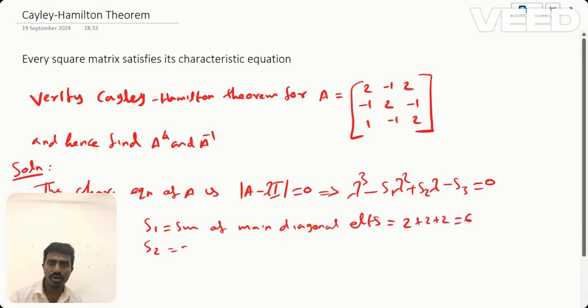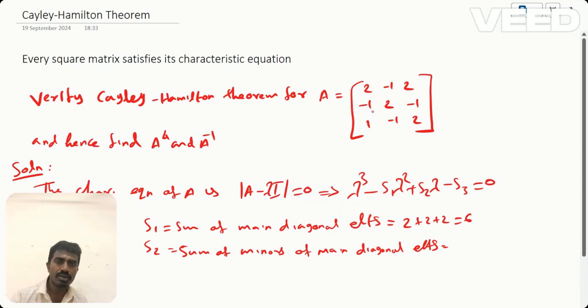S2 is the sum of minors of main diagonal elements. First find the minor of A11. So the determinant of 2 minus 1 minus 1 2 is the minor of A11. Now find the minor of A22.